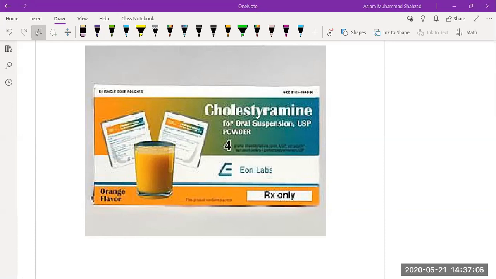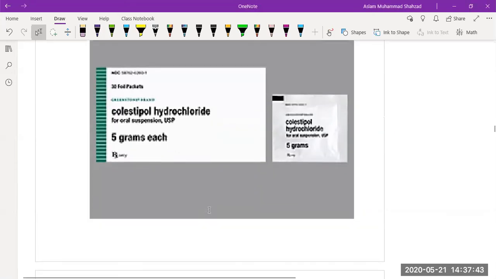The maximum dose that can be given is 36 gram daily. So the dose of cholestyramine for bile acid induced diarrhea is initially 4 gram, then increased by 4 gram further to 12 to 24 gram daily in 1 to 4 divided doses, but it cannot exceed 36 gram daily.